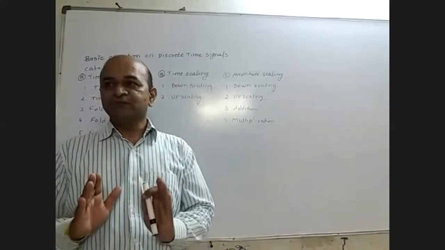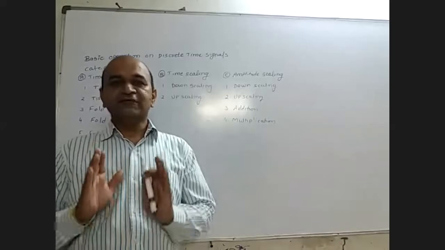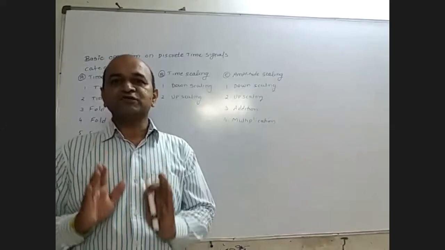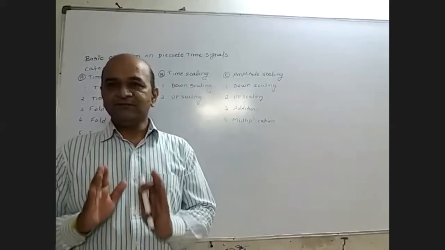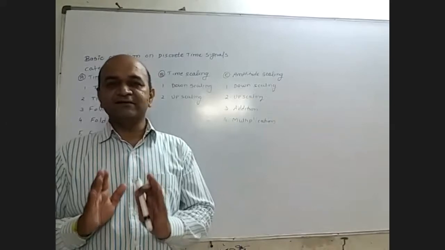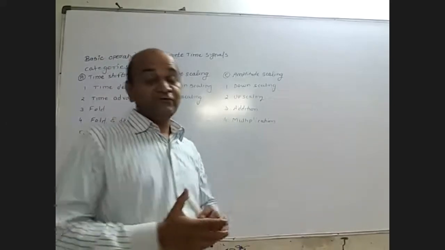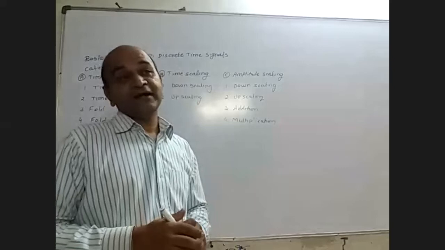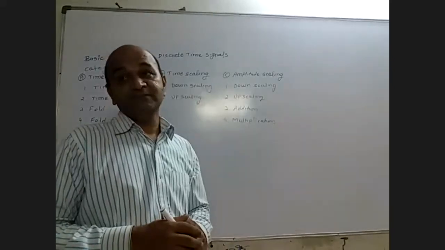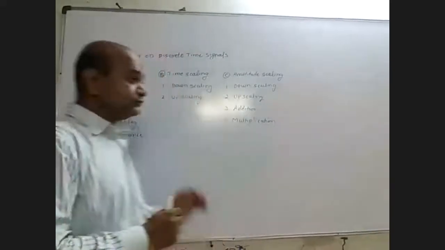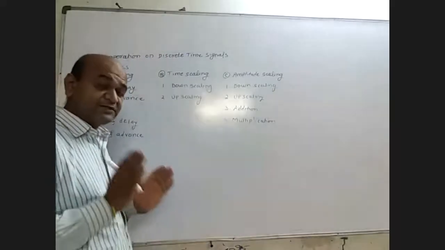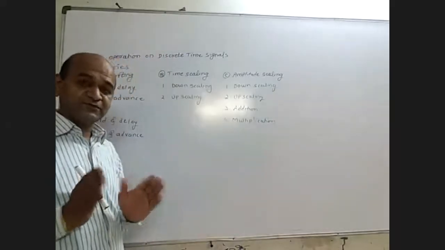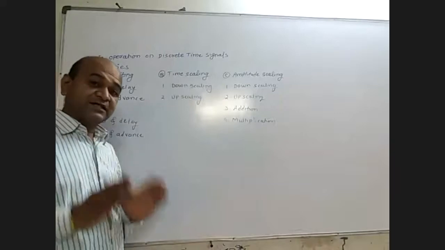Now we go to the next point. Whenever we work with the discrete time signal, we have to perform different kinds of operations over it. Now we go for understanding which types of operation you can perform over the discrete time signal.